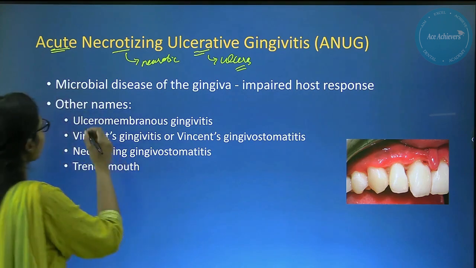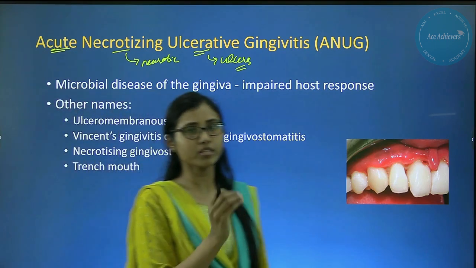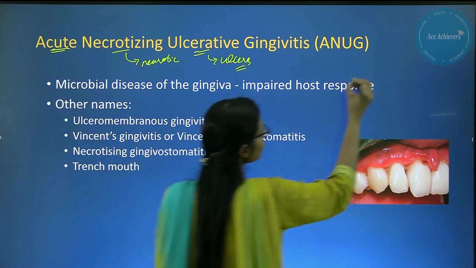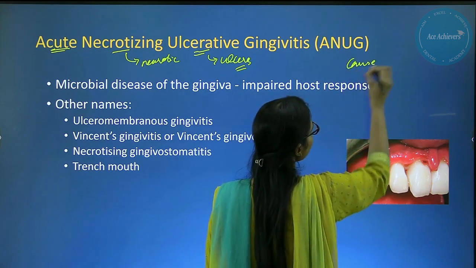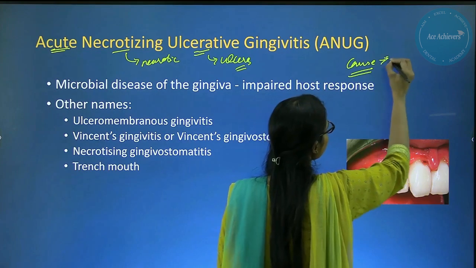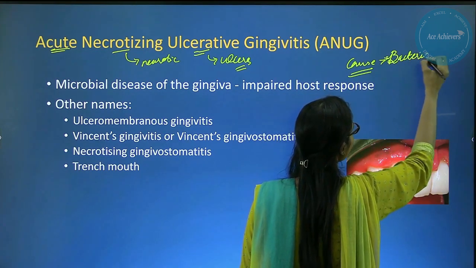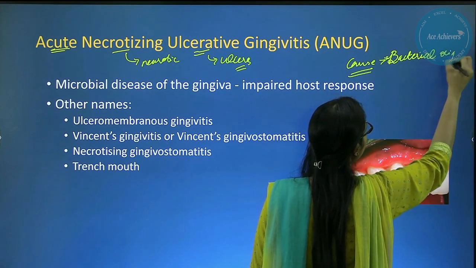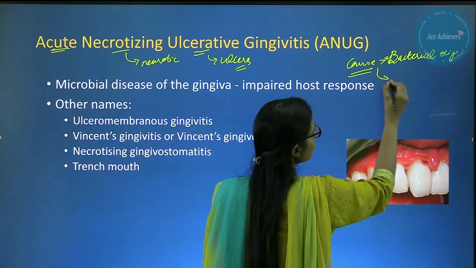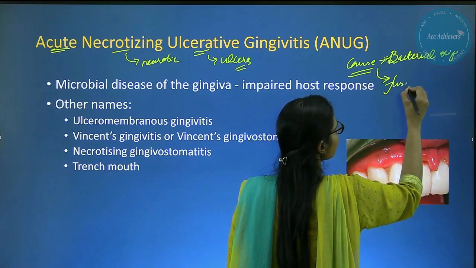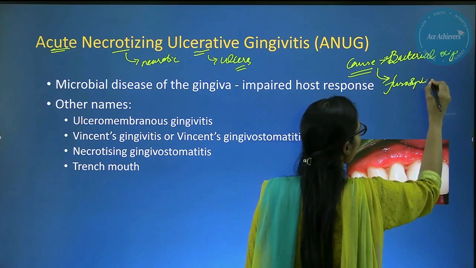When we talk about acute necrotizing ulcerative gingivitis and its causative factor, why it is going to be caused: this is basically caused by microbial complexes, which are bacterial in origin, mostly fusospirochetal complexes.